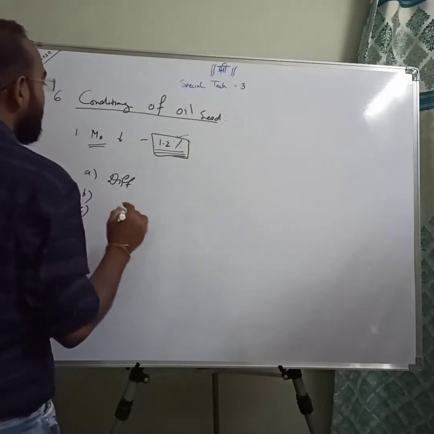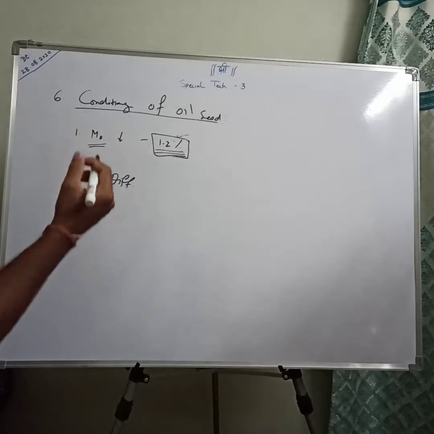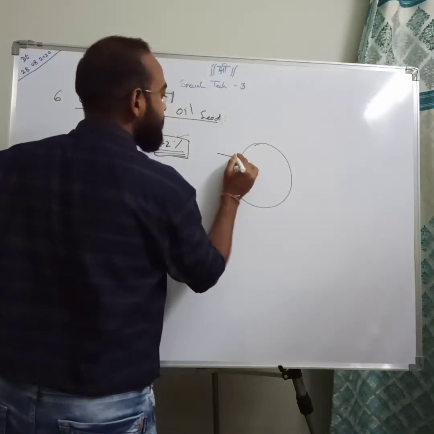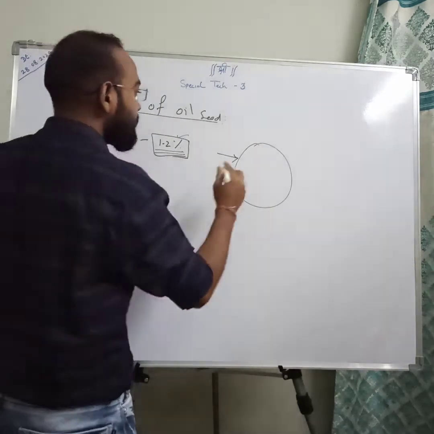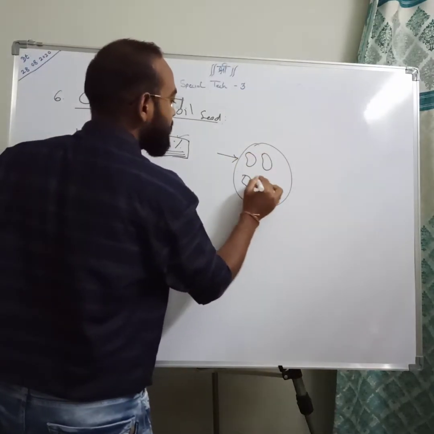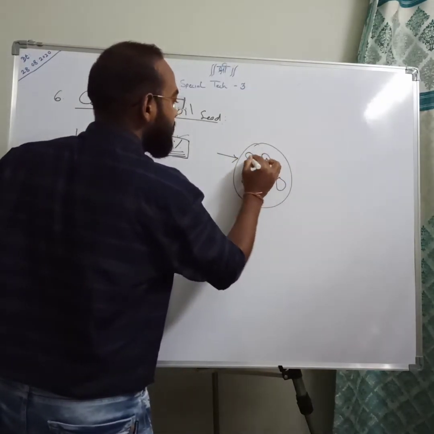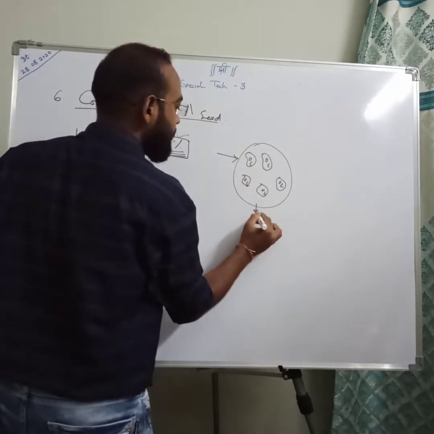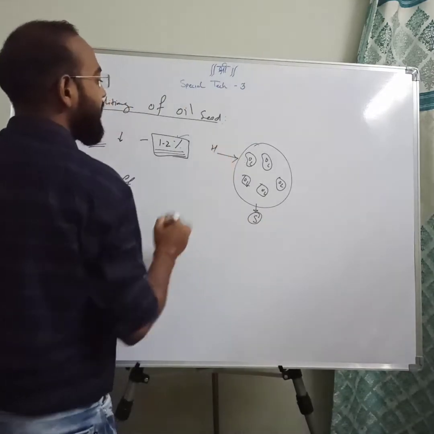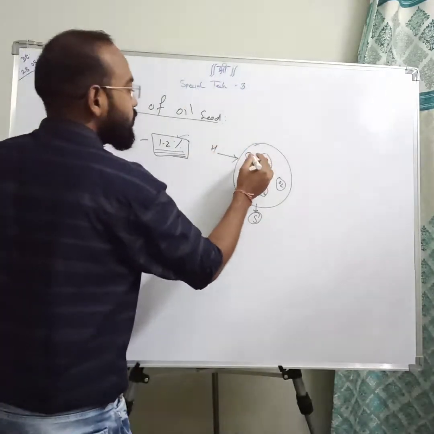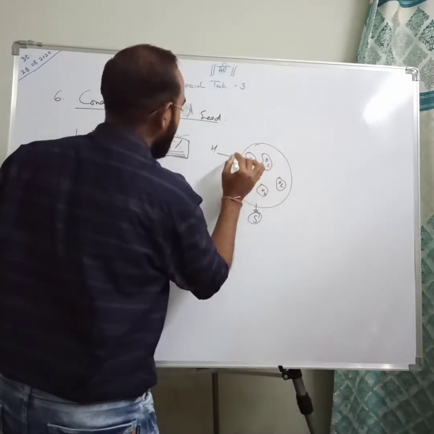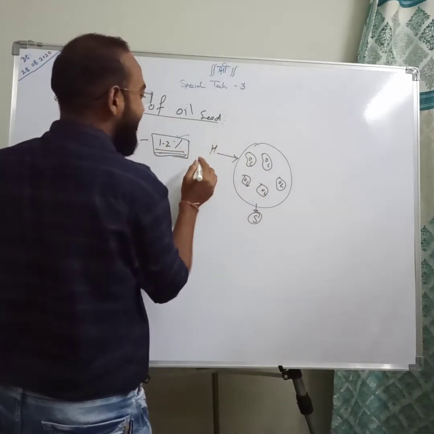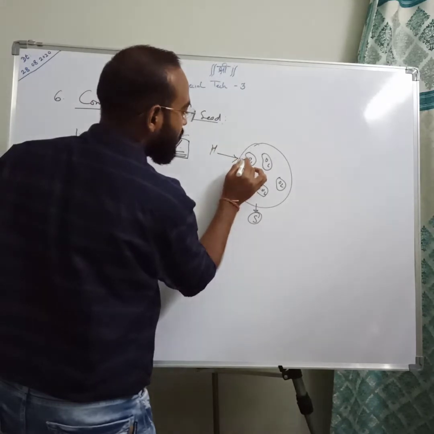The second factor: when a less amount of moisture is there, that is only 1 to 2%, and heat is directly supplied to the seed, then there is a strong chance, these are the oil cells, this is your seed, that when you supply heat, the explosion of oil cells occurs. Why? Because the moisture content is very low, so the heat is not balanced, and it goes directly to the oil cells.